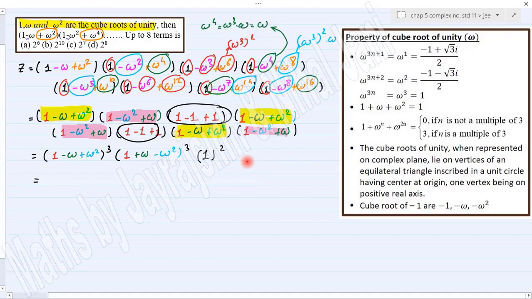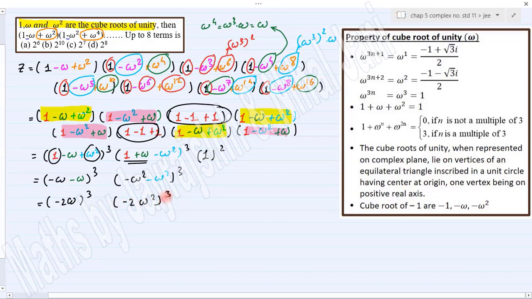We know the property 1 plus omega square is equal to 0, so 1 and omega square can be rewritten as minus omega. This minus omega will remain as it is. And in the third term, 1 plus omega will become minus omega square. Your minus omega square will remain as it is. So here we'll get minus 2 omega whole cube and minus 2 omega square whole raised to 3.